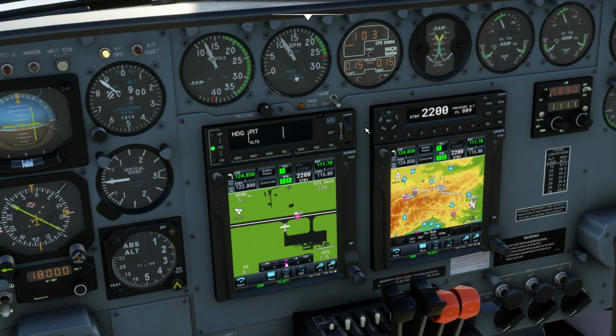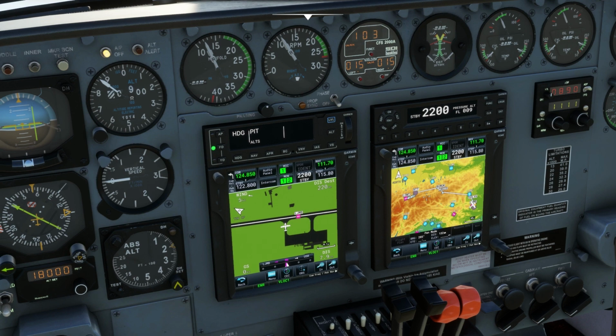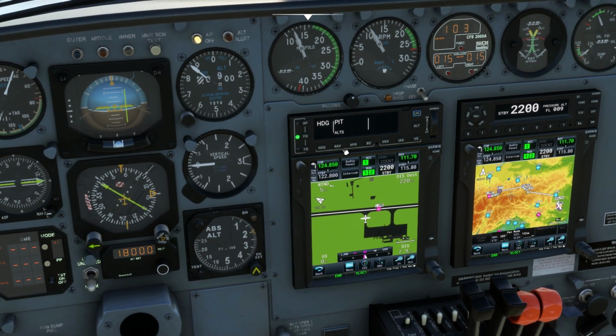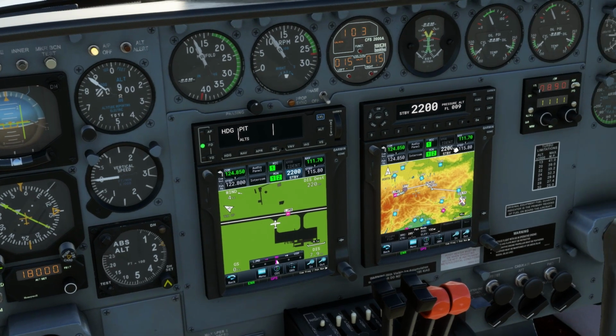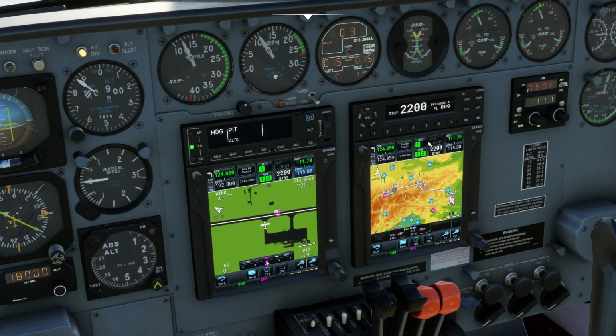We're also gonna go with GPS after that. Okay, and IAS, but I'm not gonna push it now. Good. Let's go to 1800 RPM.